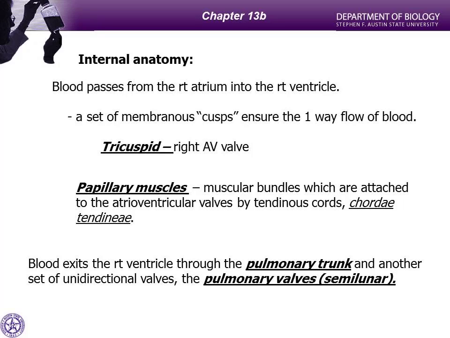But understand, this tricuspid valve is not just the flaps. If it was just the flaps, blood would go backwards all day long. The flaps don't have enough structural integrity to keep the blood from going backwards. What we have connected to the flaps are these very tough cords made of collagen.